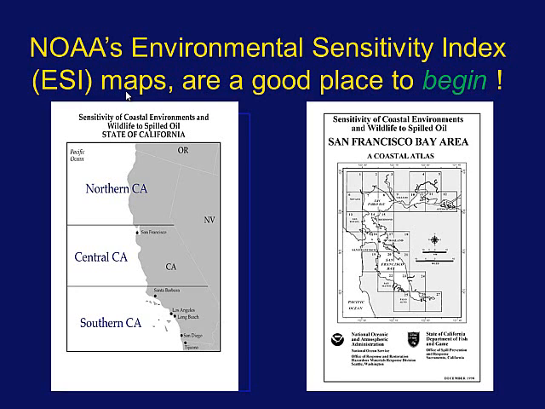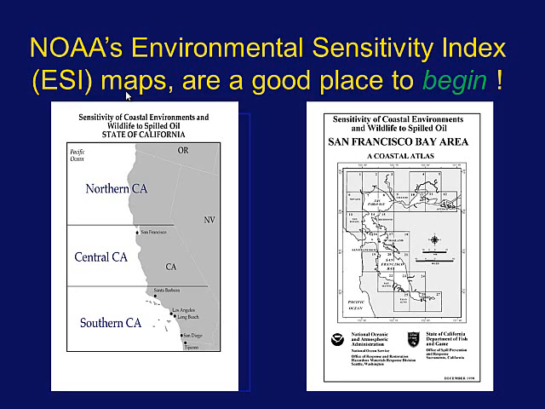And so you can flip to this, whether it's online, which we do have, or a paper copy, which is what we're going to use today. So, environmental sensitivity index maps. You have a couple of sets of copies on your tables that are an example of the types of maps that are created, or what they look like. Those paper copies come in a big atlas like this.